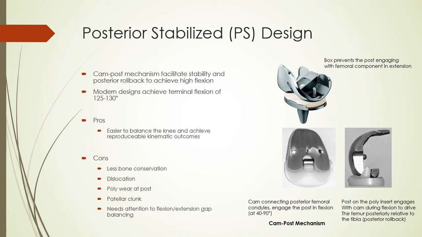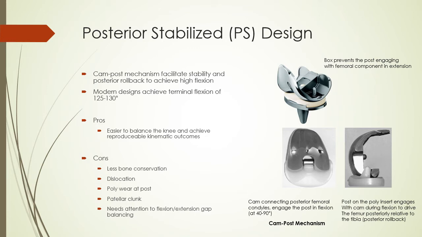And the post on the poly side engages with the cam during flexion, then it helps to drive the femur posteriorly relative to the tibia. So that's recreating the femoral rollback as we see in the native knee. So this cam post mechanism is the soul of the PS design.